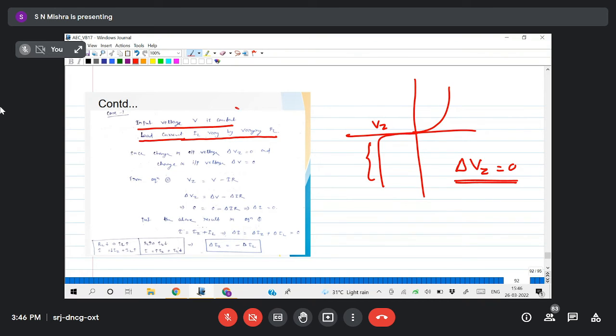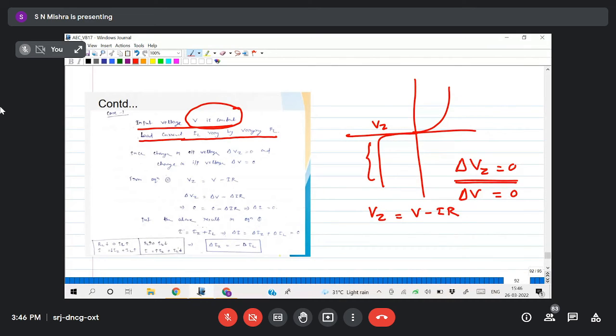And I am not changing any source voltage, so delta V is also 0. Change in source voltage is 0. Now you put this into equation 2. What is equation 2? VZ equals V minus IR.